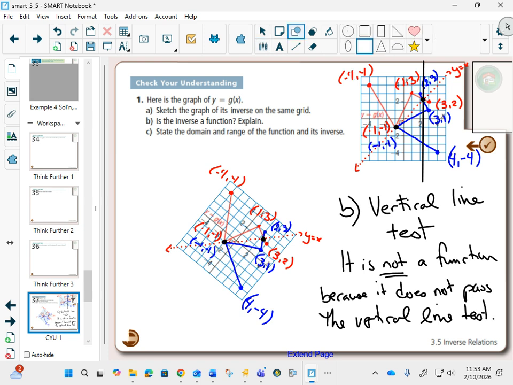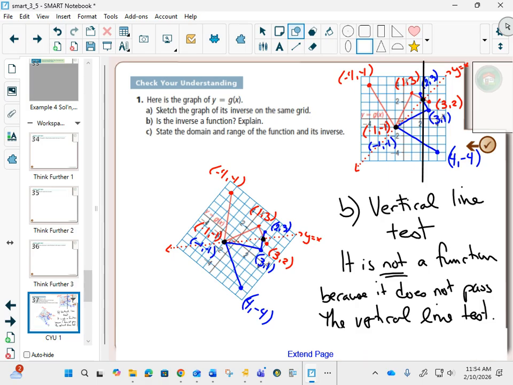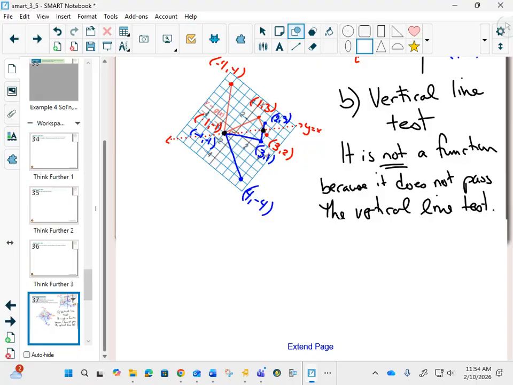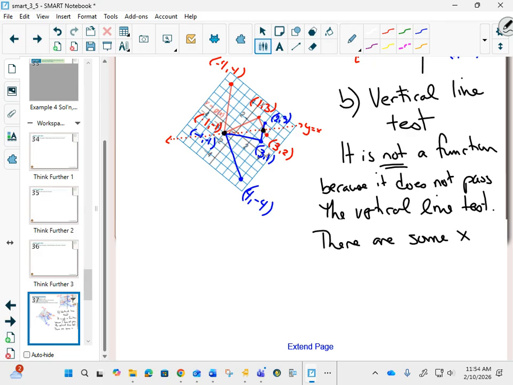When something does not pass the vertical line test, what that means is there are some x values with more than one y value.